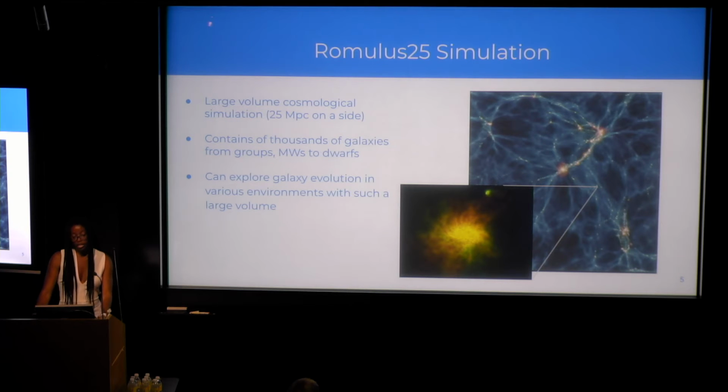And it basically gives us an idea of galaxy evolution in different scales, and there are different environments that you can explore. So here imaged is basically the full simulation in this bigger blue box. And from this spot right here is an LMC isolated galaxy. So these are the types of galaxies that I'm going to be looking at.